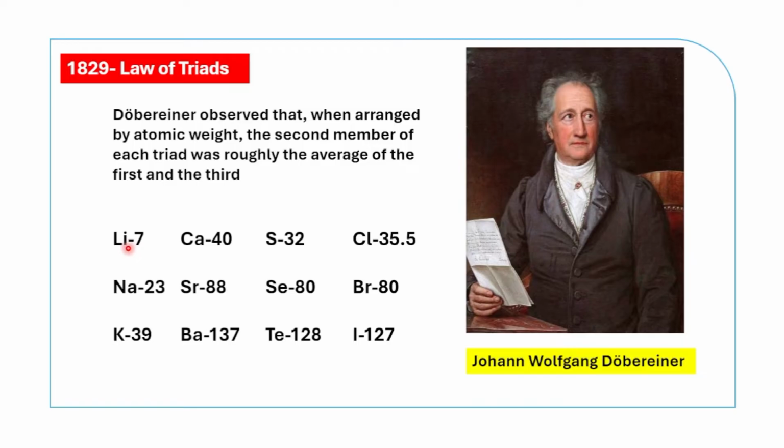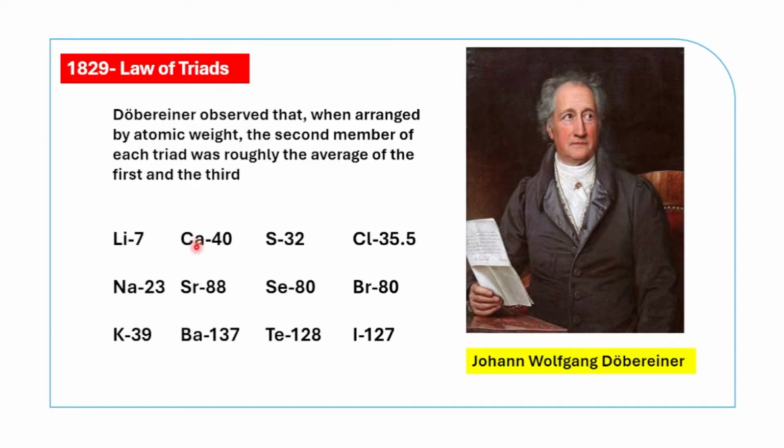So if you take lithium, sodium and potassium, you can see the atomic weight of 7 and here 39. If you sum those two, you will get 46, and if you take the average, it will be 23. So in this triad, you can see the second member sodium has atomic weight average of lithium and potassium.